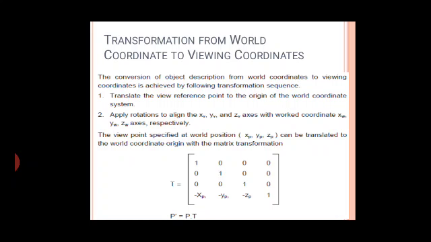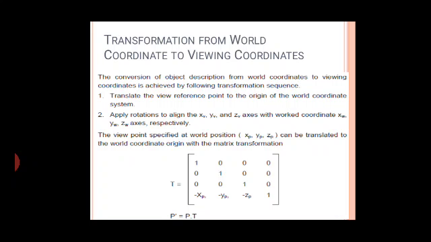This is the first step, and the second step is to apply the rotation to align your xv, yv and zv axes with the world coordinate axes, that is xw, yw, zw. If xv is not aligned with xw, then you need to apply the rotation about the x axis.